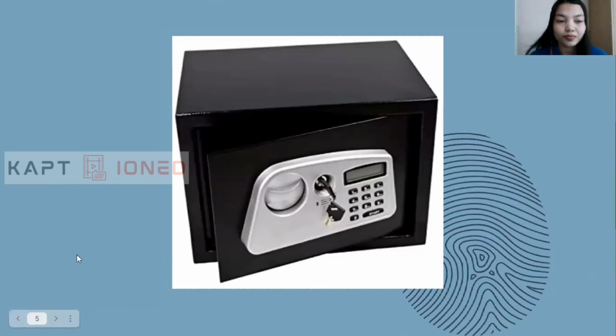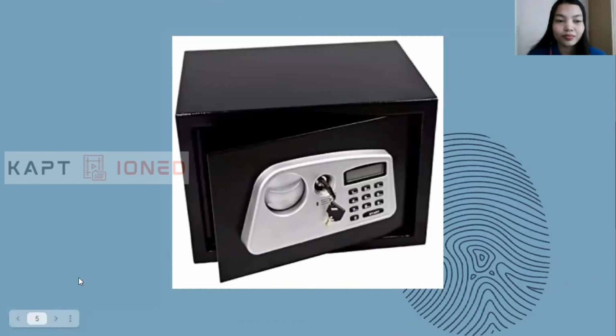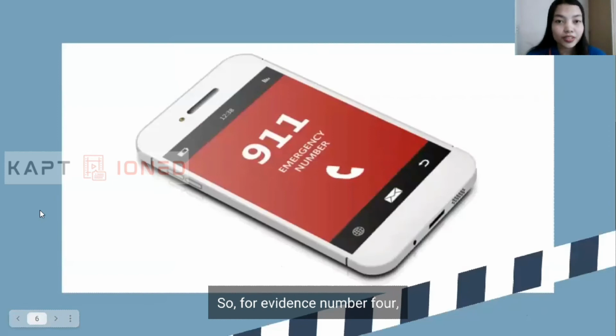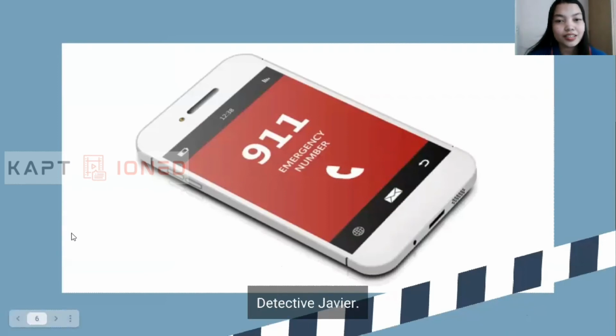Tolentino po. Yes, Detective Tolentino. I think the killer opened the vault. Yes, a vault. So for evidence number 4, Javier po. It's a cell phone calling 911. Yes, you saw a phone.